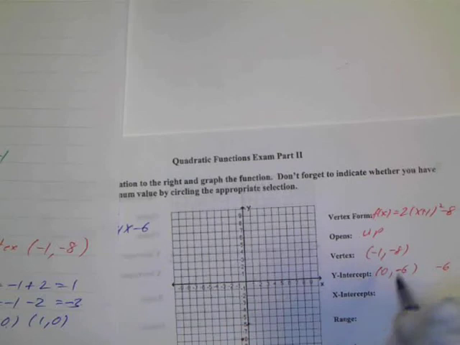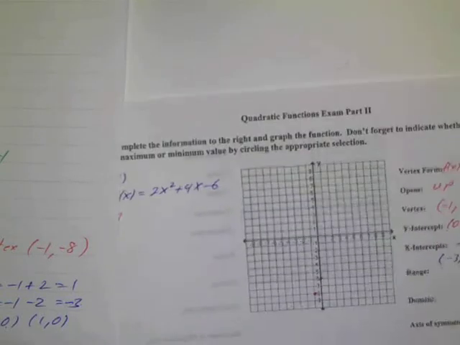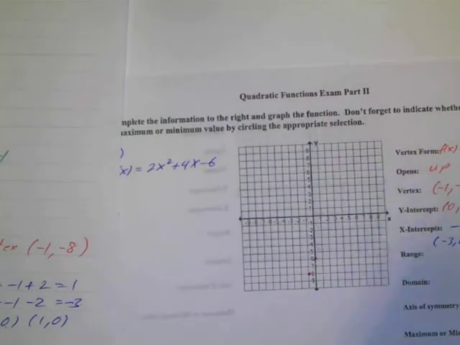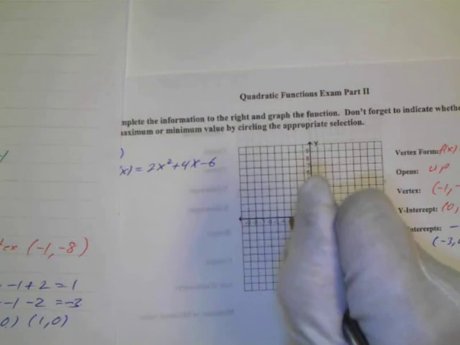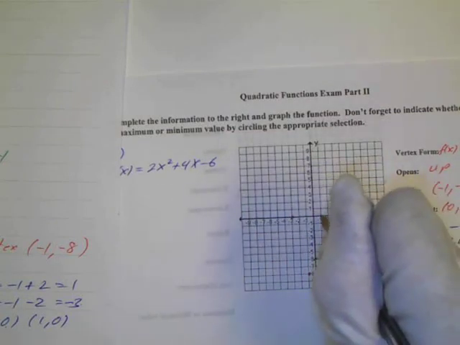We could say that the x-intercepts are negative 3 and 1, or we could say the points are negative 3, 0, and 1, 0. And we could put those points in. Negative 3, 0 is here, and 1, 0 is there. That looks like it makes sense.